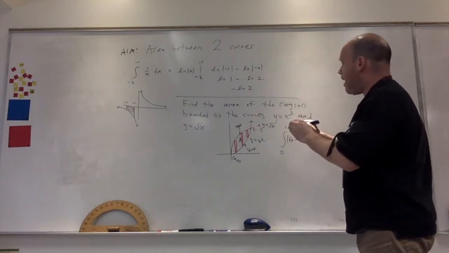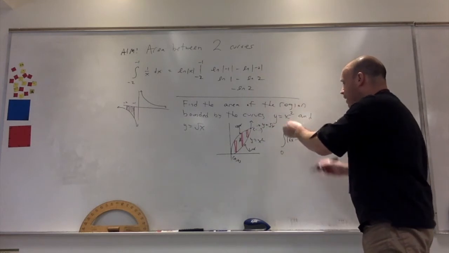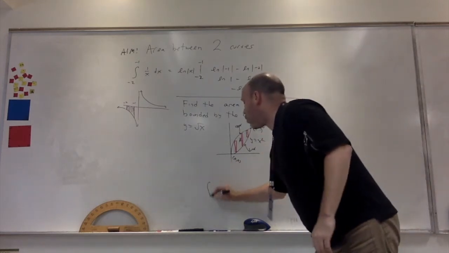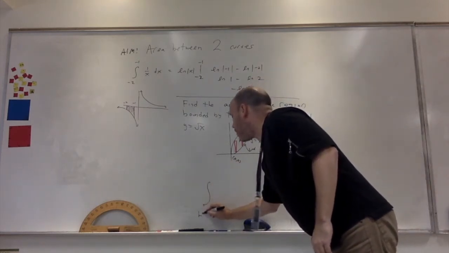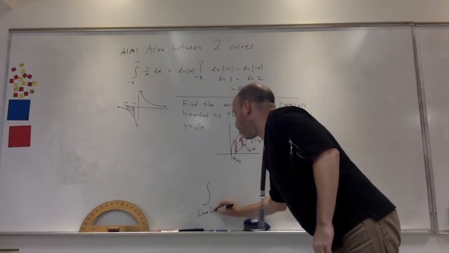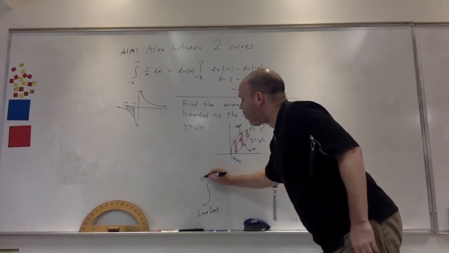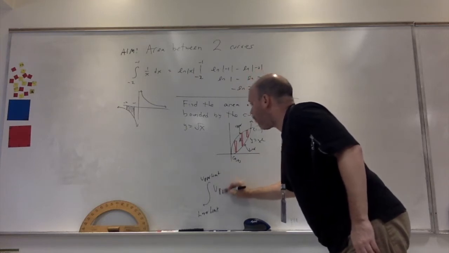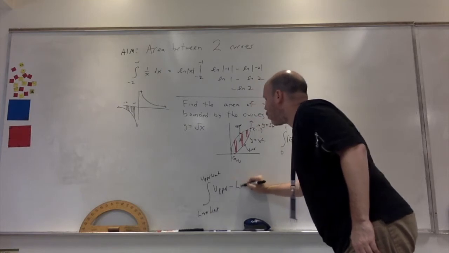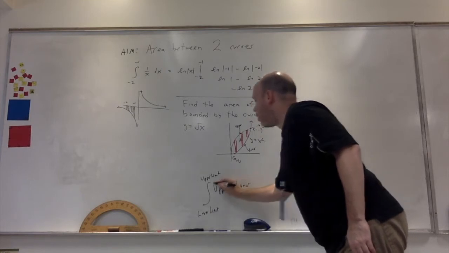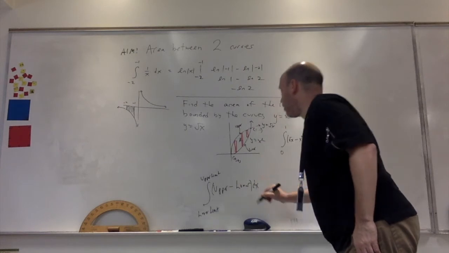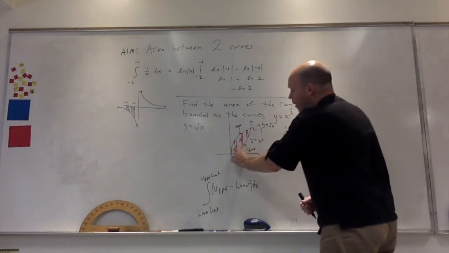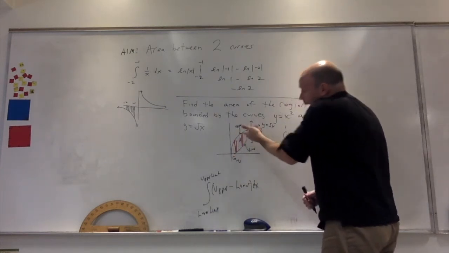So the area between two curves, in general, is the integral from the lower limit to the upper limit of the upper curve minus the lower curve, dx. Once again, it's all about the height of these rectangles.